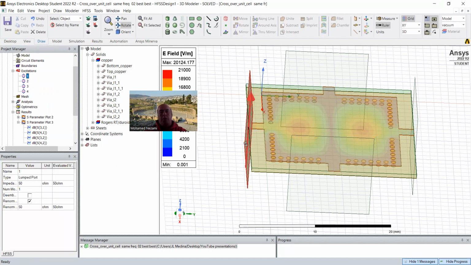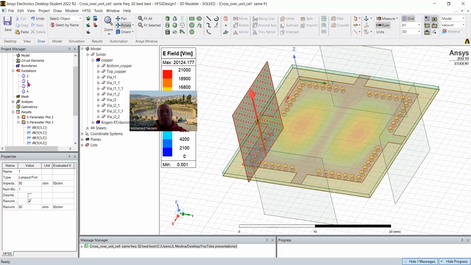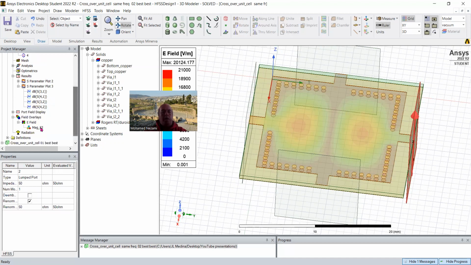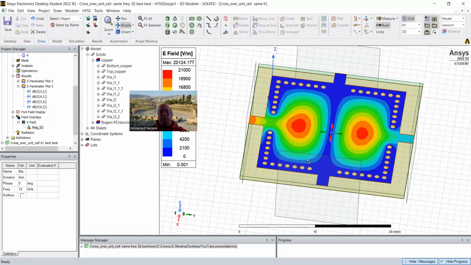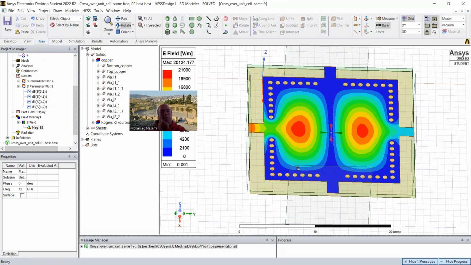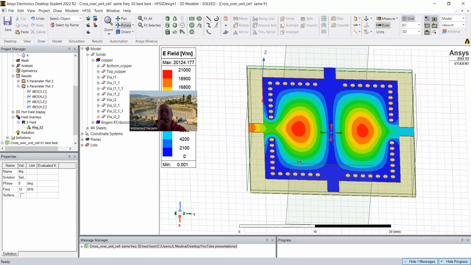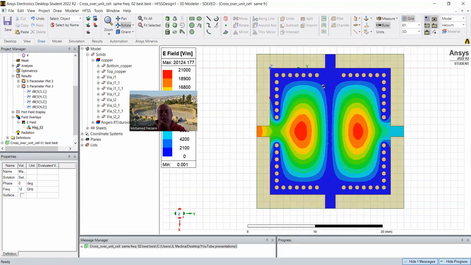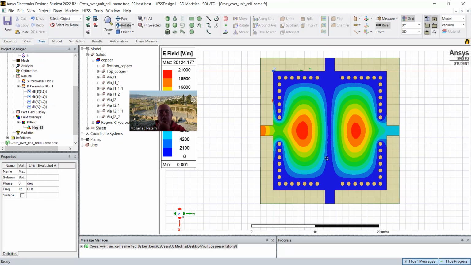When we do that, we get this E field distribution in the top conductor. Now realize that along the orthogonal other two inputs and outputs, the E field is completely zero, and that's the beauty of this thing.